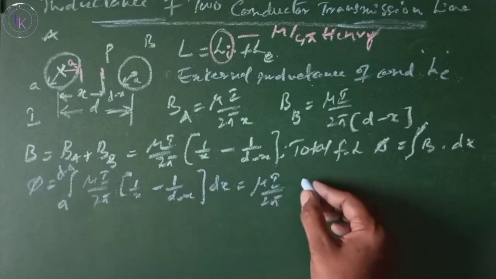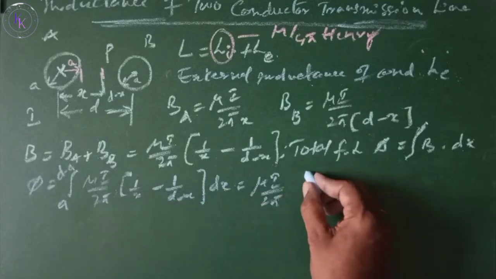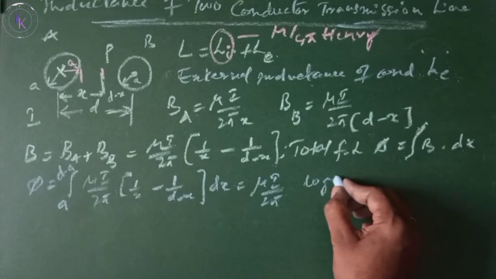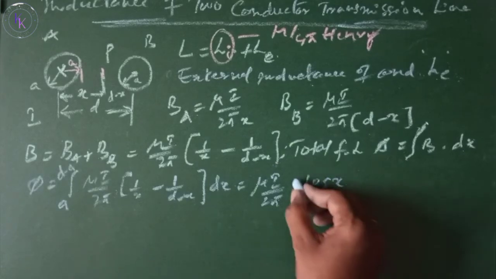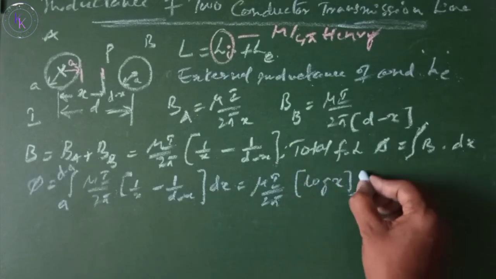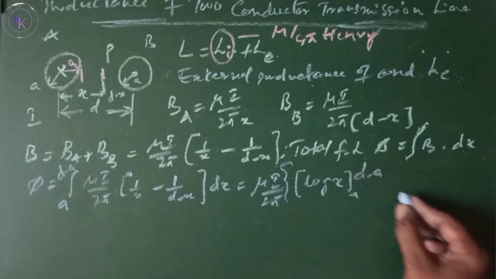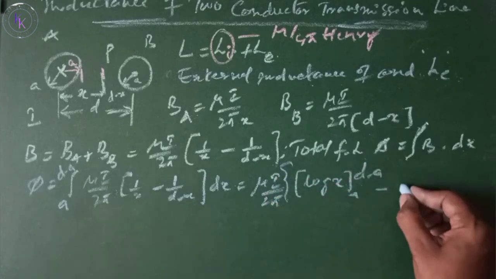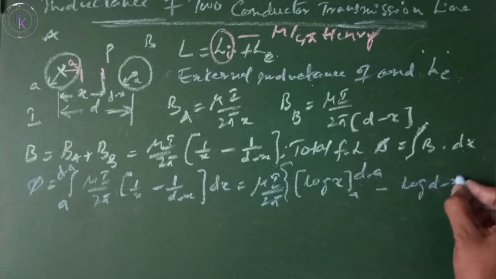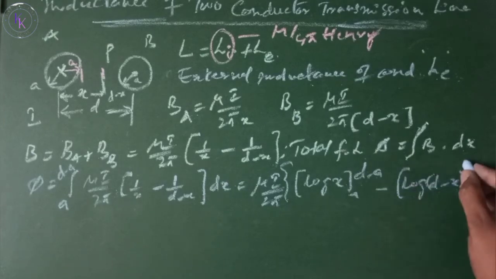Now if I integrate 1 by x, I'm going to get log x. So the limits are a to d minus a. Similarly, minus log d minus x, the limits are a to d minus a.